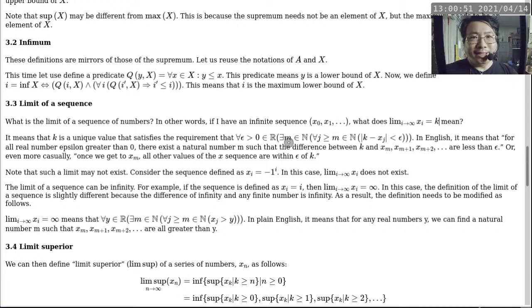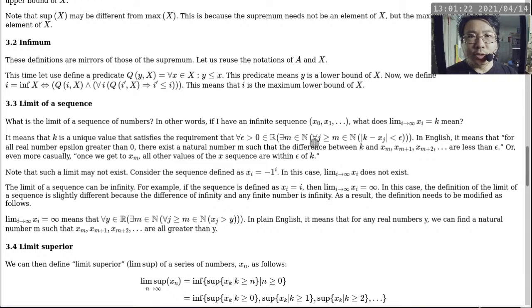So m is an index into the sequence, because the sequence starts with the index 0, 1, 2, and so on. When we think about the indices of the values inside the sequence, the index itself is basically just a natural number. So this m is saying we should be able to find a number within the sequence such that this thing is satisfied.